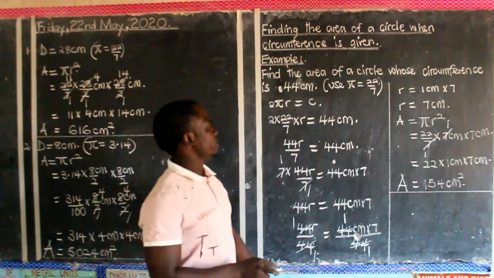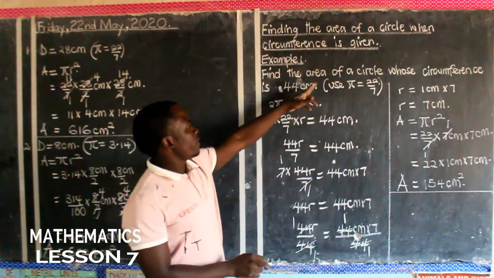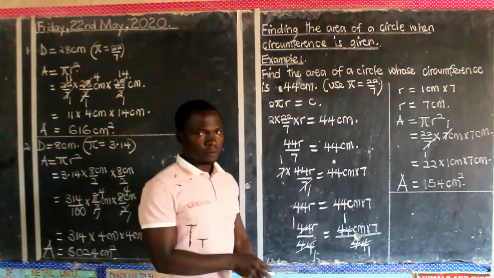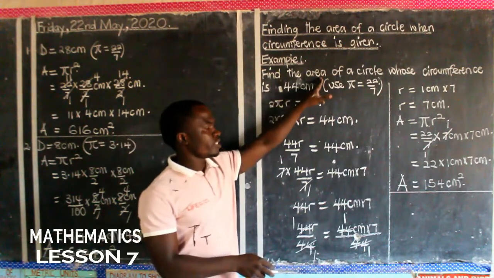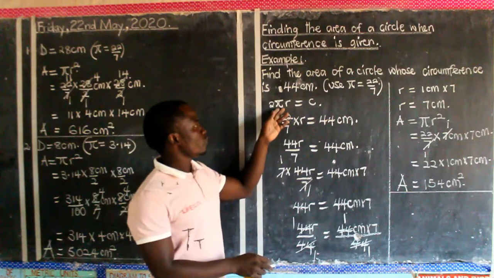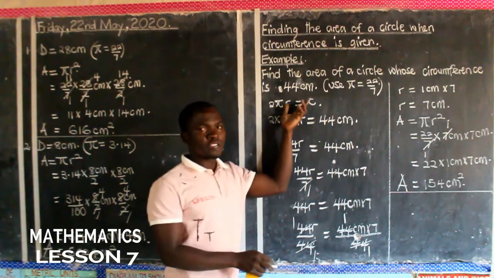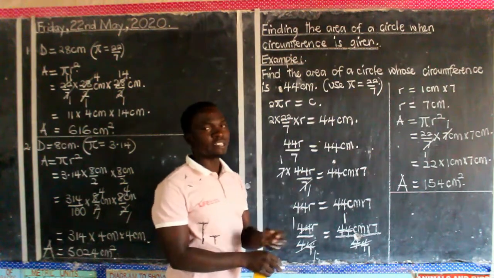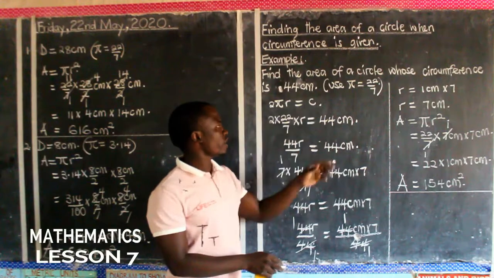To go through this quickly, the question is asking for the area of the circle when circumference is given. There is no way you can find the area of the circle when you are not given the radius. So what you do, you first bring down the formula for circumference to help you get the radius by saying 2 pi r equals circumference.